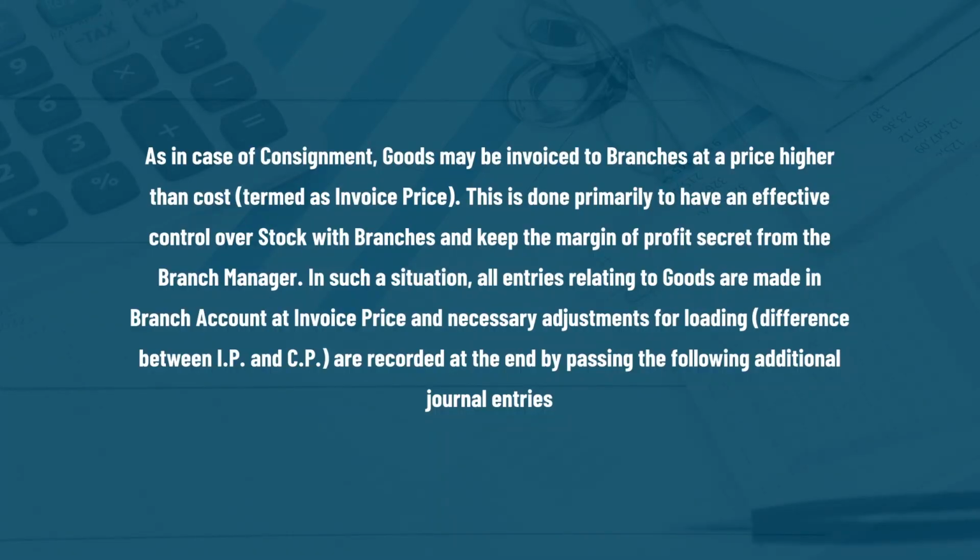In such a situation, all entries relating to goods are made in the branch account at invoice price. We must remember that all transactions pertaining to the goods will be recorded in the branch account at invoice price, and necessary adjustment for loading, that is the difference between invoice price and cost price.